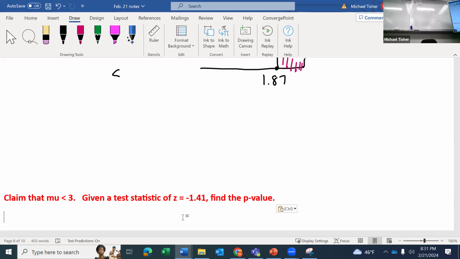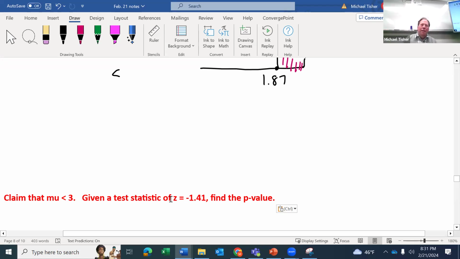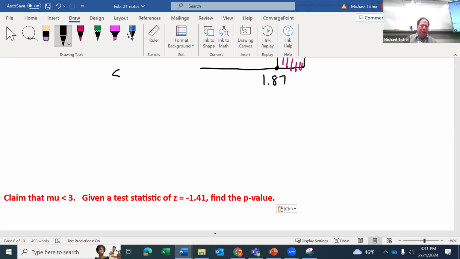All right, so what's the answer in this case? 0.079. Okay, 0.079, is that right? Anybody see how we got that? You want to see? Okay.